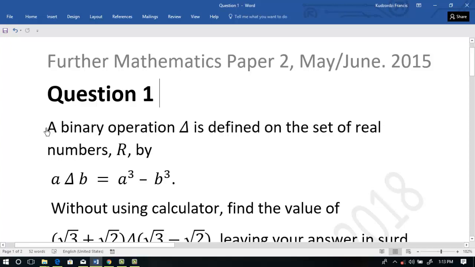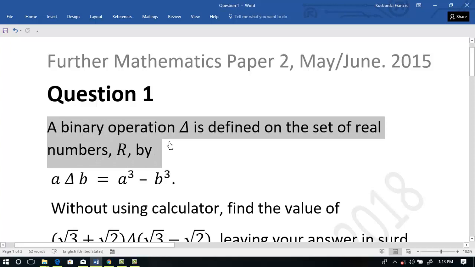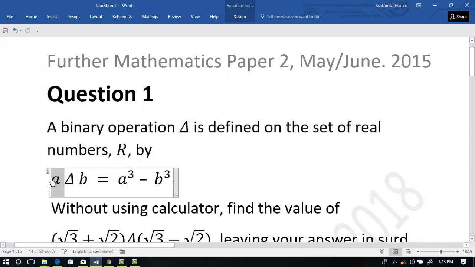A binary operation triangle is defined on the set of real numbers R by A triangle B is equal to A cubed minus B cubed.